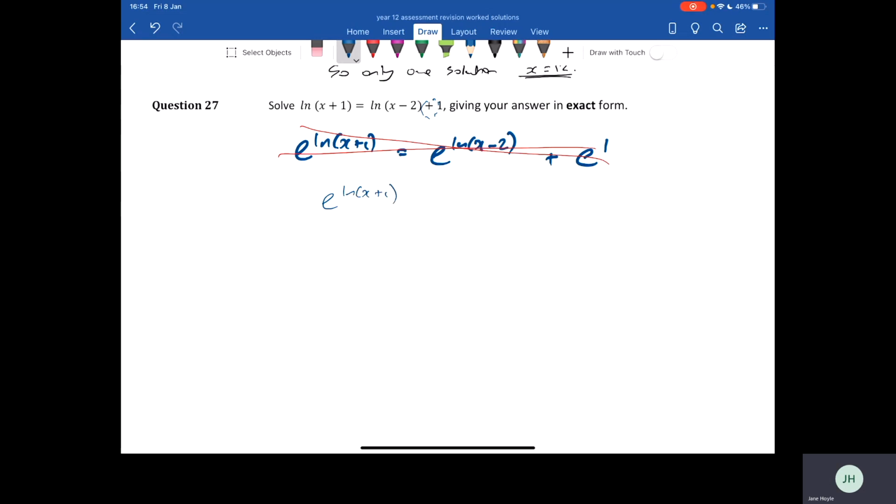So I could write e to the ln x plus 1, but then I would have to write e to the ln x minus 2 plus 1 like that. And then it means that power is a little bit awkward. You could, of course, work it out. And in fact, I'll keep going with this. I'll show you two different ways. So let's get rid of that.